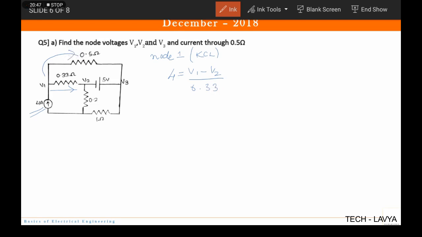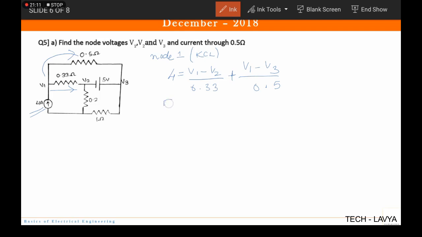Next in this direction, V1 minus V3 upon 0.5. Further, we will solve this as V1 upon 0.33 minus V2 upon 0.33 plus V1 upon 0.5 minus V3 upon 0.5.